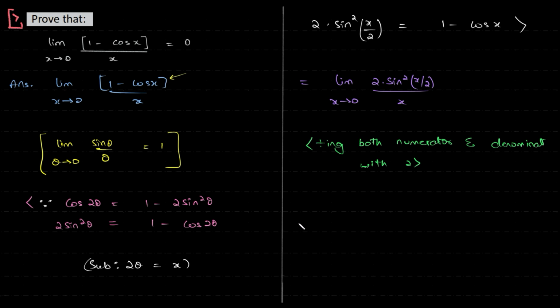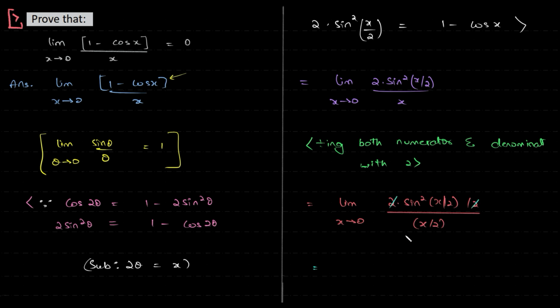So what we have over here is limit, 2 times sin square x by 2, this thing is divided by 2, and the denominator is also divided by 2. So that's how we can handle this. So we end up with 2 and 2 getting cancelled.